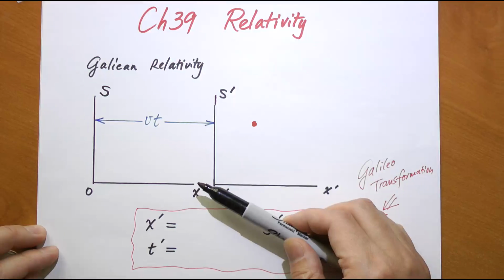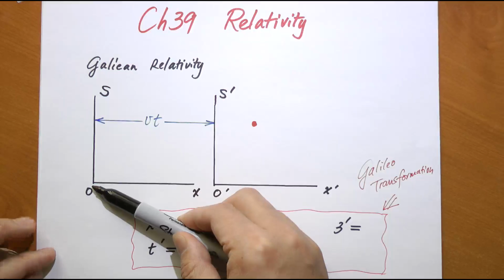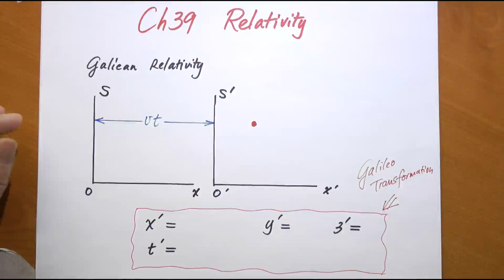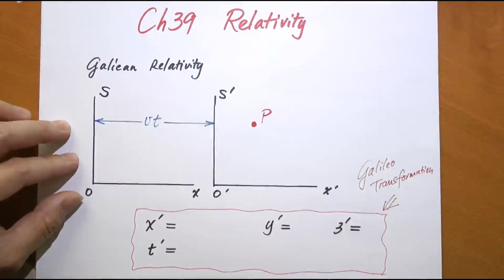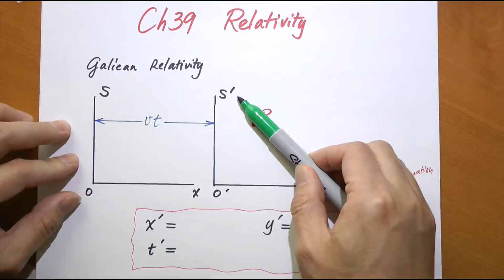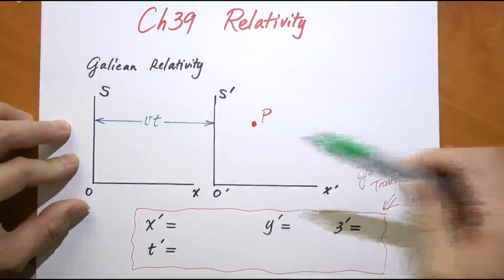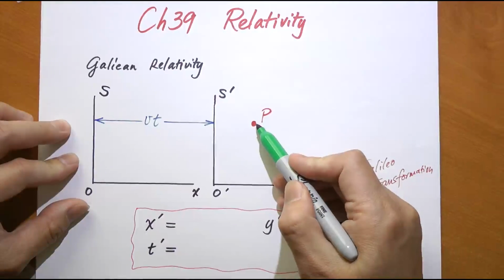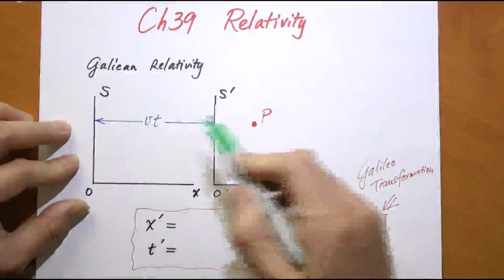So after a time t, it must have moved a distance of v times t from the origin of the S reference frame, right? And therefore, if you look at a certain point P and want to find its coordinate, since S prime does not move relative to S in the y direction or in the z direction, you can bet that when you measure its coordinate in the y and z direction, you're not going to get any difference whether you use S or S prime as a reference.